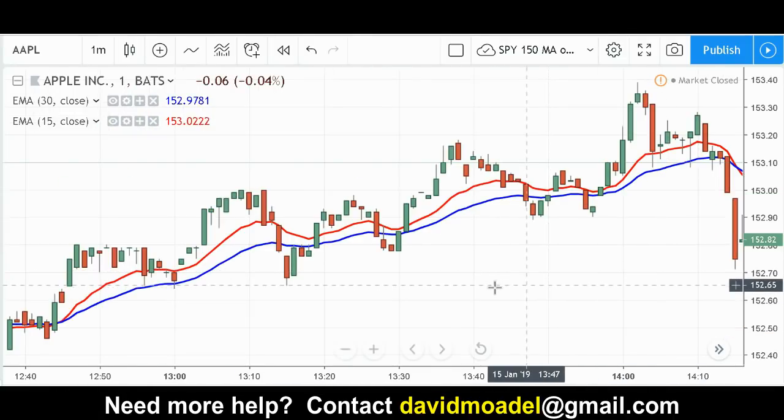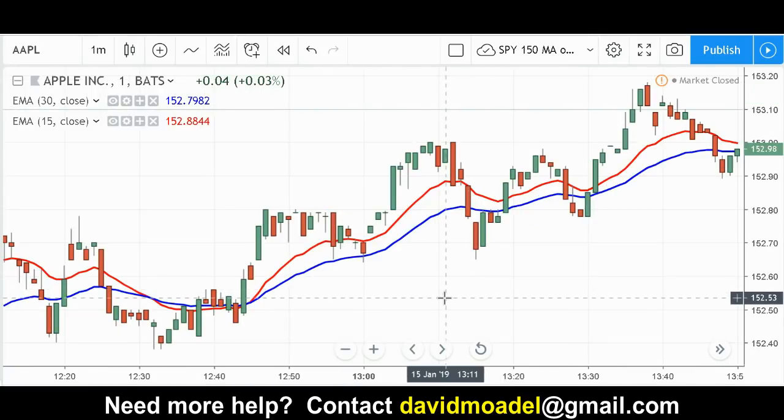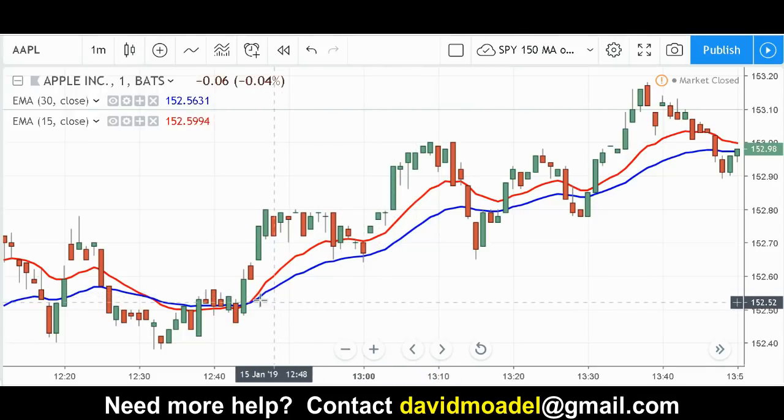But some people want a source of confirmation, so what you can do to add to this system, or to modify it, is to say, okay, I'm actually not going to buy or take a long position until 2 things happen. Not only am I going to wait for the faster moving average to cross clearly above the slower one, but I also want to see the candlestick close above the faster one, which in this case is the 15.